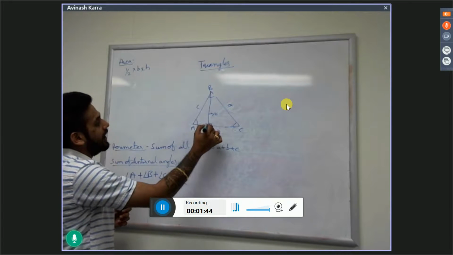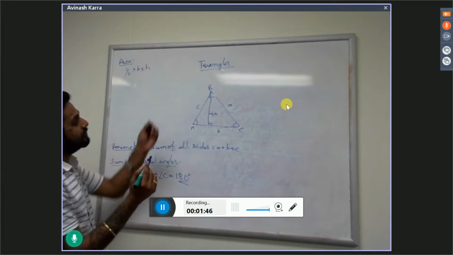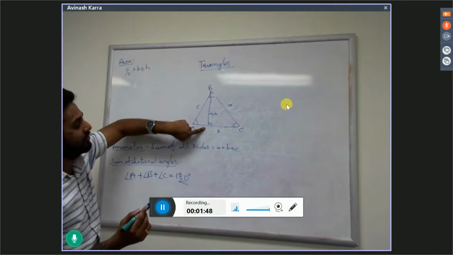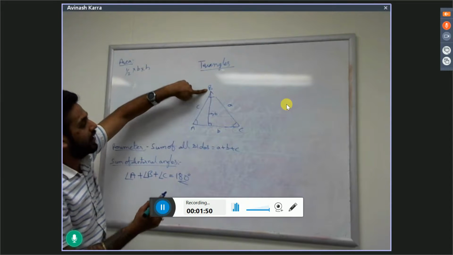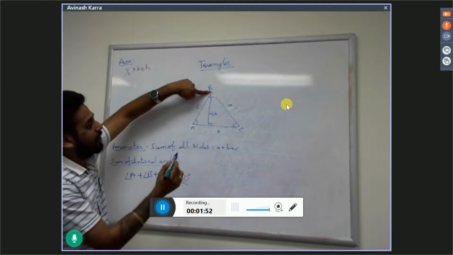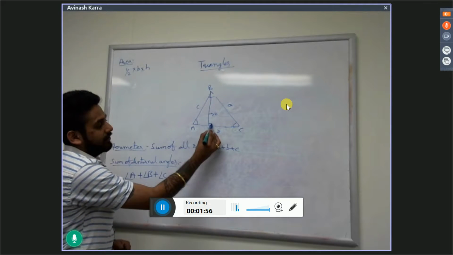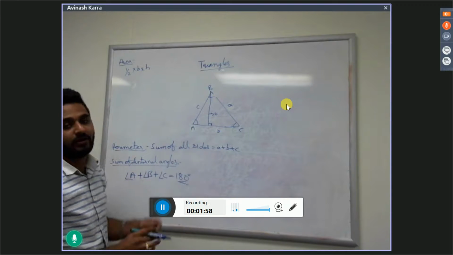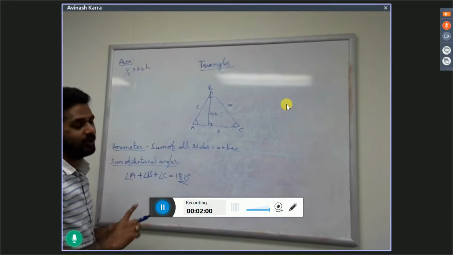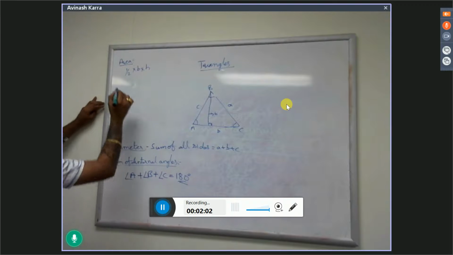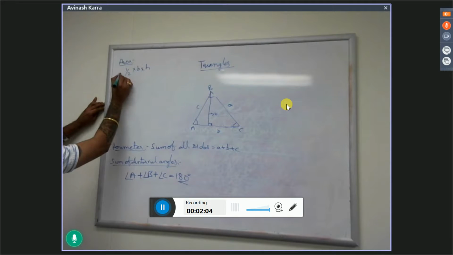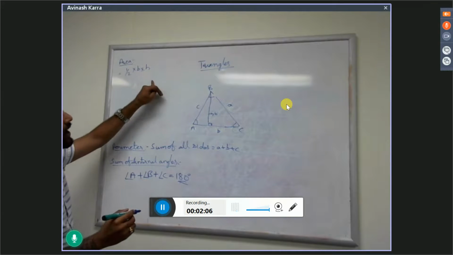The perpendicular line drawn from the vertex to the opposite side, the base. It has to be perpendicular. If it is not perpendicular, then it is not the height. You need to remember that. So the area of the triangle is equal to half into base into height.